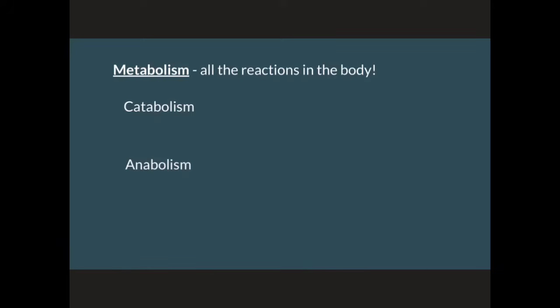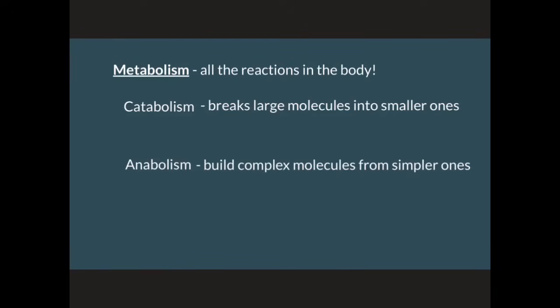Catabolism includes the reactions that are needed to break large molecules into smaller ones, while anabolism is going to include the reactions that build complex molecules from simpler ones. So as you can see, metabolism includes all the chemical reactions that are occurring in the body. These include both building up of molecules and breaking down of molecules.